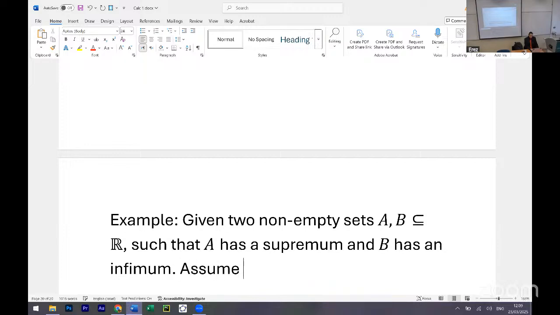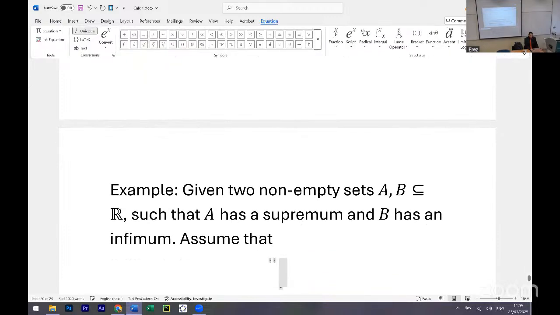Assume that for all a in A and for all b in B, a is always smaller than b.